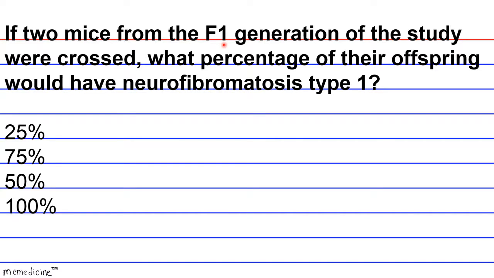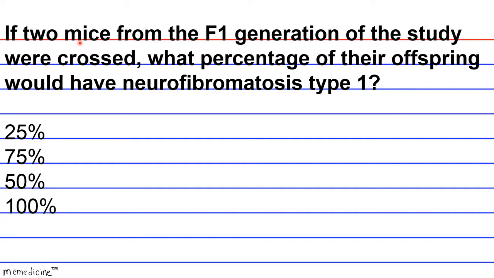The F1 generation, sometimes referred to as the F1 hybrid, are the offspring resulting from distinctly different parents that are intentionally crossbred. So these would be like the first set of mice in the experiment to be crossbred to produce offspring.